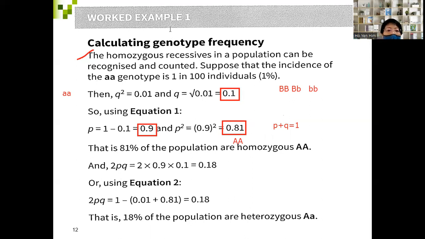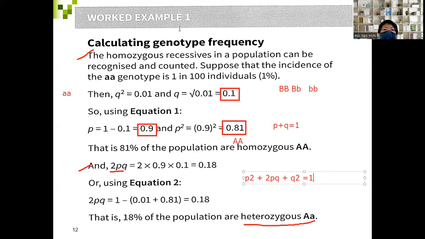So they want to know what is 2PQ. 2PQ is the proportion of heterozygous. Okay, because we already know from the equation that P square plus 2PQ plus Q square equals 1, correct?